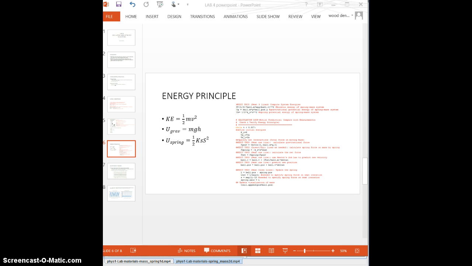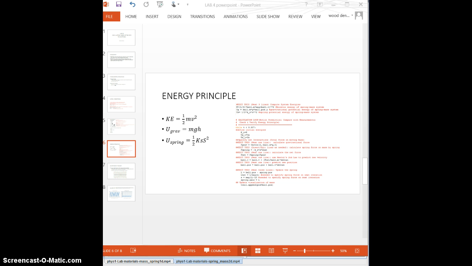The gravitational potential energy is equal to the product of the mass, the gravitational constant, and the height above the surface of the Earth, but we're so close to the surface of the Earth we can ignore h for now. Sorry, I meant spring potential energy is equal to 1/2 the product of the spring stiffness and the spring compression squared.